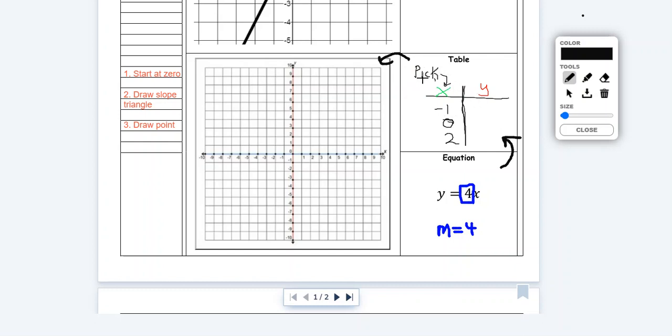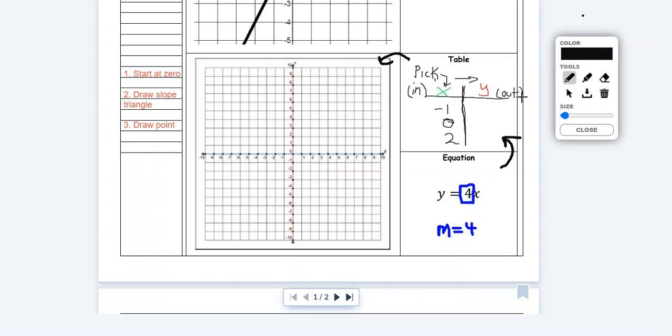You can think of x as being your input. We're putting a number in for x. And then we're multiplying it by our slope to get whatever y is, which is going to be our output. It's what we get out.